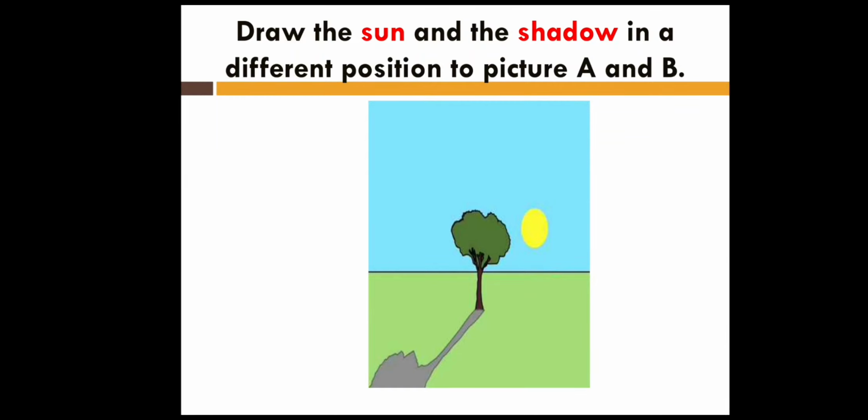Draw the sun and the shadow in a different position to picture A and B. So draw the sun to the left of the tree, to the right of the tree, and the shadow will appear in the opposite direction of the sun.